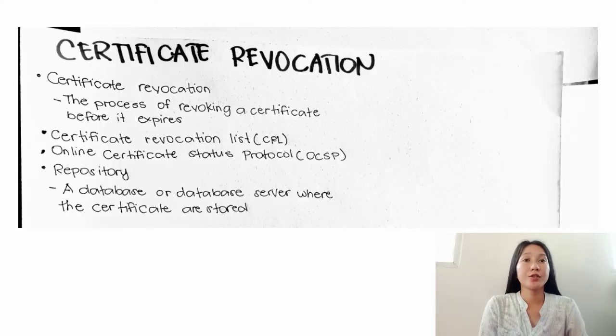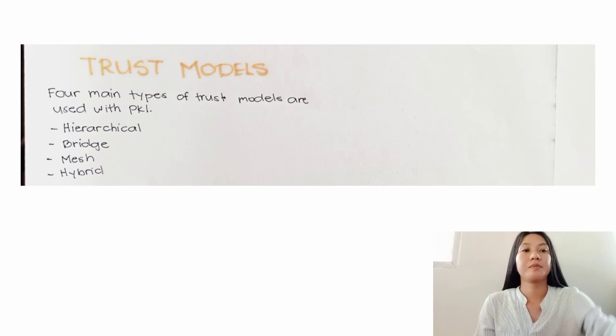Certificate revocation, the process of revoking a certificate before it expires. Certificate Revocation List, CRL, Online Certificate Status Protocol, and repository, a database or database server where the certificates are stored.